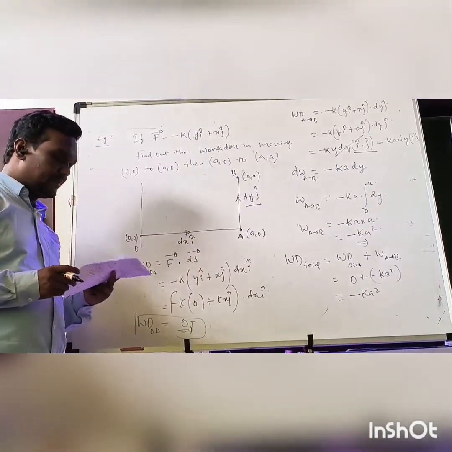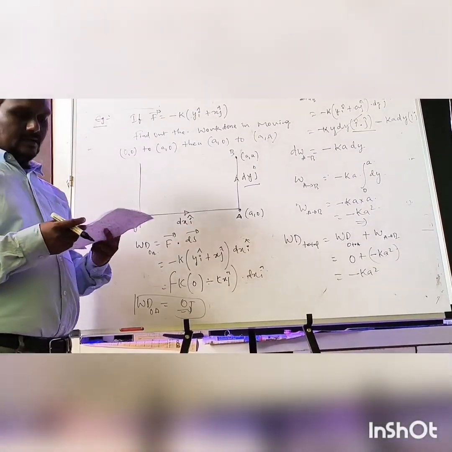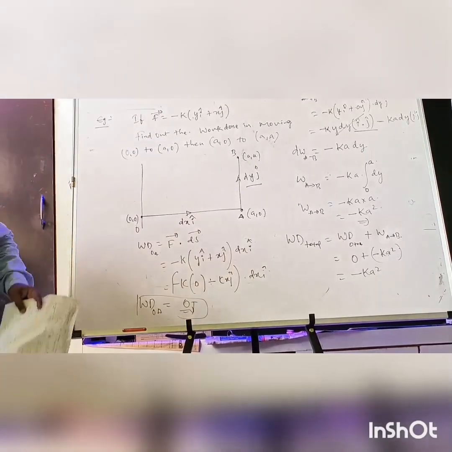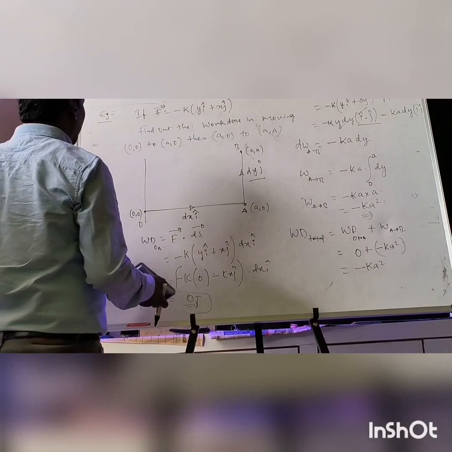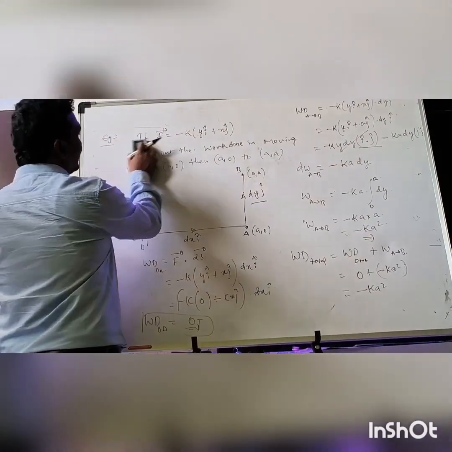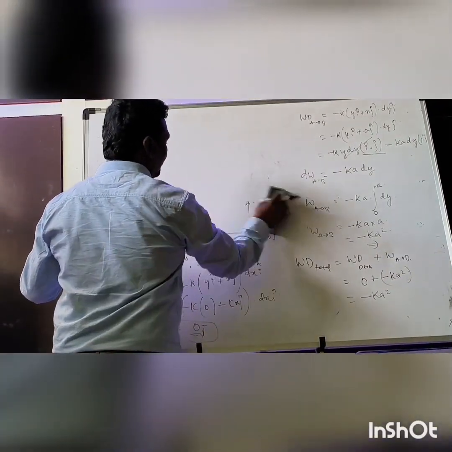And this is actually a good problem. Okay, now one more problem we will discuss. Suppose F bar is equal to 3xy i cap.